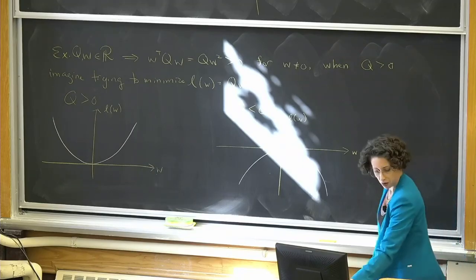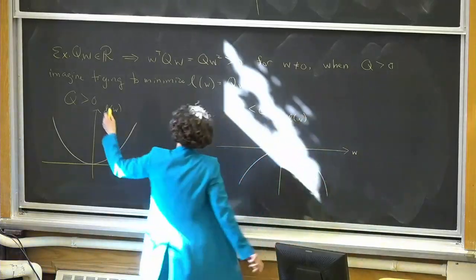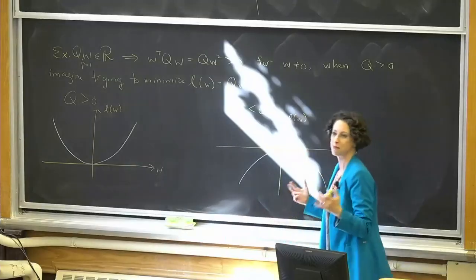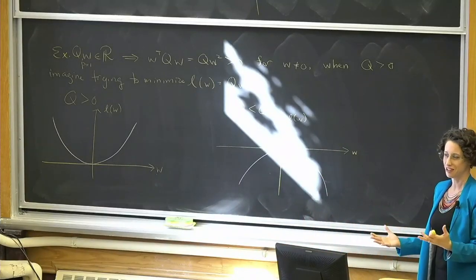So in this example, just to illustrate the concepts, I'm thinking about P equal to 1. So I'm still thinking about Q as being a P by P matrix. Nobody really worries about positive definite scalars.